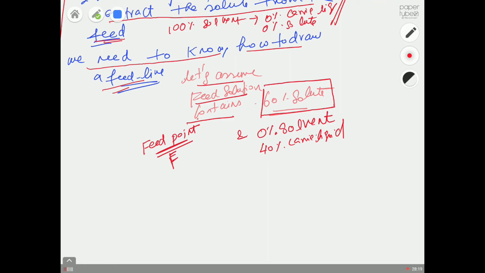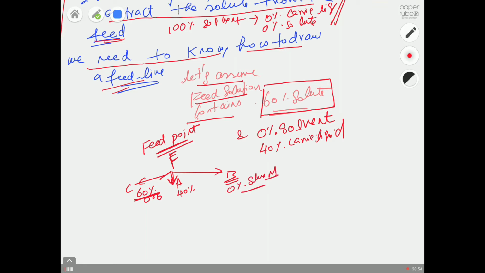If I ask you to plot it on the ternary diagram, what we have is that this F contains, in a normal day, C, A and B. So C is 60%, which means 0.6, or even you can put 60%, and then your F contains A, your carrier liquid, 40%, and B is 0% of your solvent.